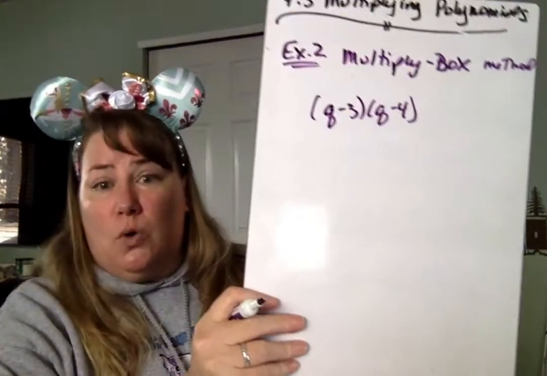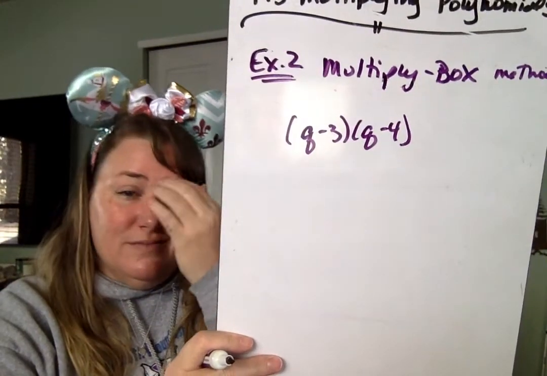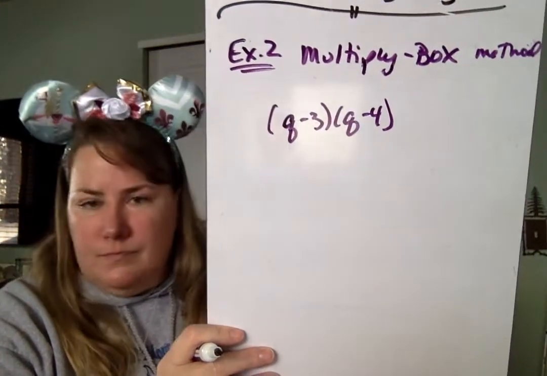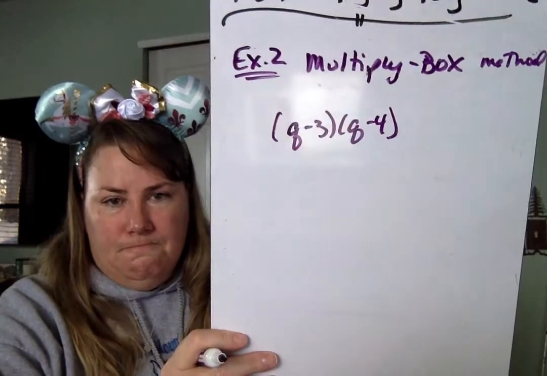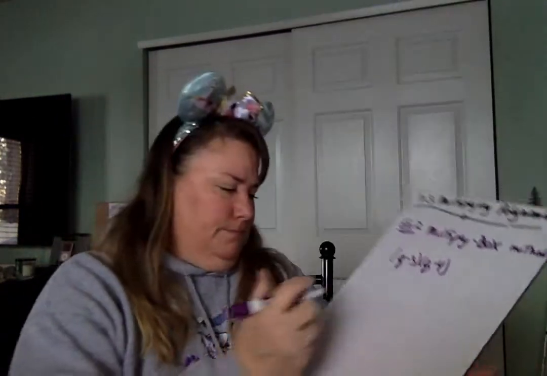And then I'm going to show you something on how you can double check your work quickly. We're just going to go two small binomials. Let's go q minus 3 times q minus 4, the quantity, technically. Okay, 2 by 2 again.